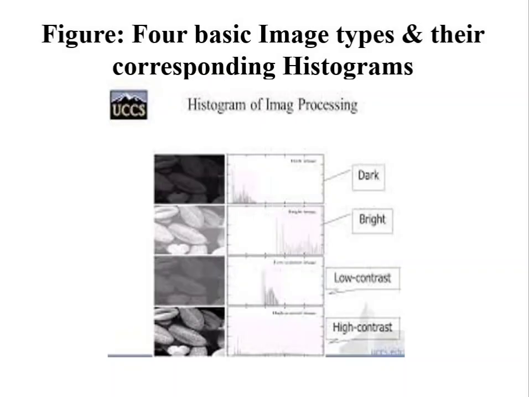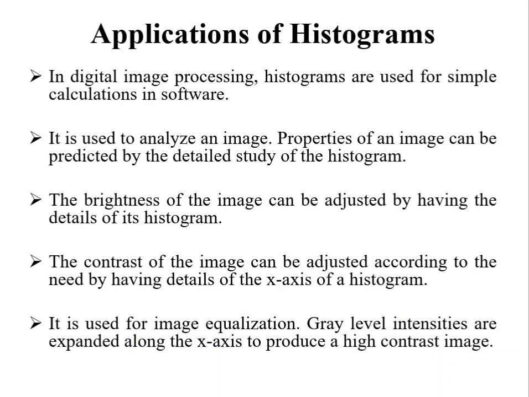Then our next topic is the application of histograms. In digital image processing, histograms are used for simple calculations in software. They are used to analyze an image. Properties of an image can be predicted by a detailed study of the histogram.